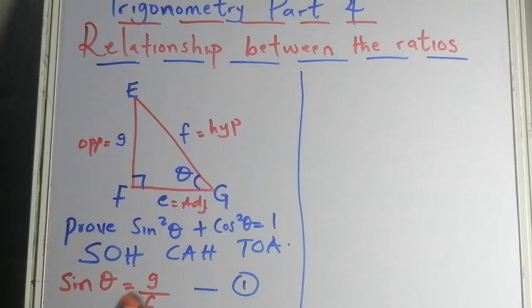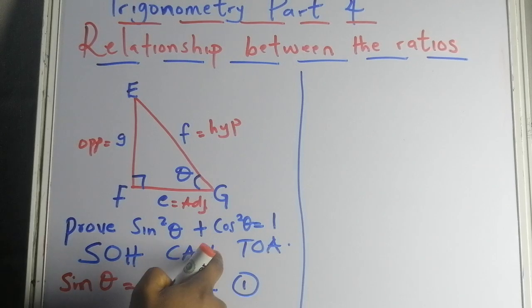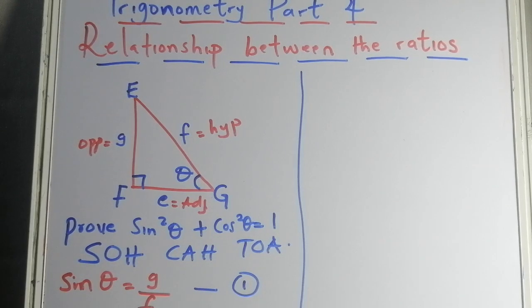Now the next one is cos theta, adjacent over hypotenuse. So cos theta is adjacent over hypotenuse. What is the adjacent here? The adjacent is E, small letter E. What is the hypotenuse?